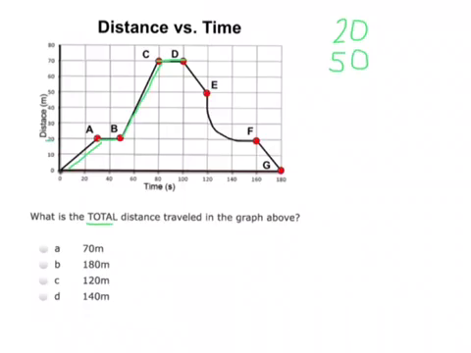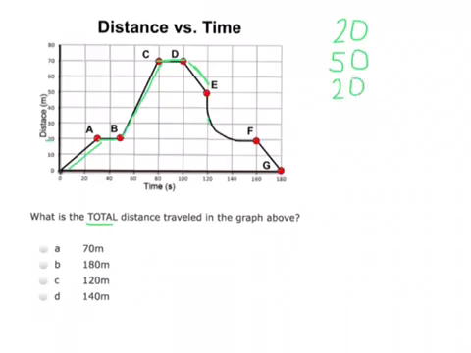And now, even though the object is going back a distance, it's still traveling a distance. So this would be as if you're in your science classroom, you walk to your math classroom, and then you come back to your science classroom. Even though you're going back to your starting point, you're still traveling. So if we look from D to E, that went from 70 to 50, so that's another 20 meters.